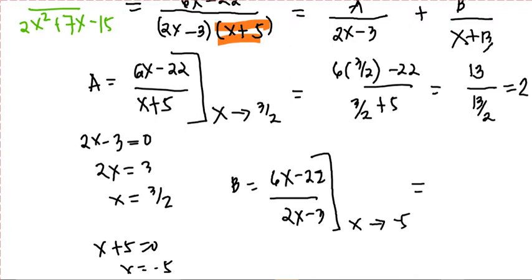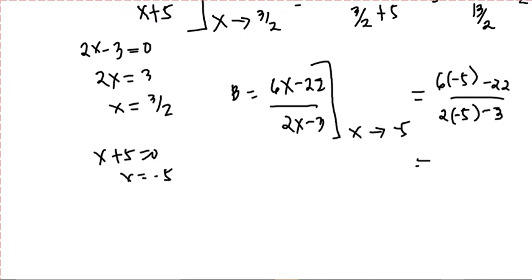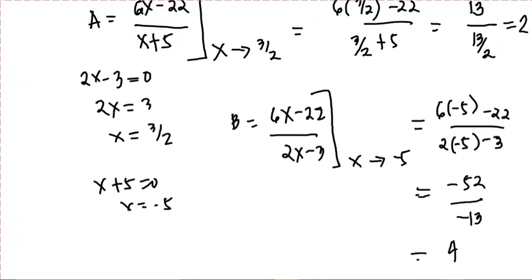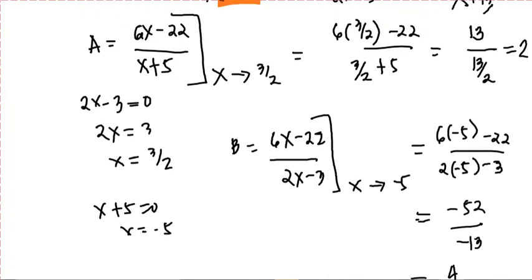This is 6 times negative 5 minus 22 over 2 times negative 5 minus 3. Negative 30 minus 22 is negative 52. 2 times negative 5 is negative 10 minus 3, that is negative 13. So this is equal to positive 4. So the values of A and B: A is 2, B is 4.